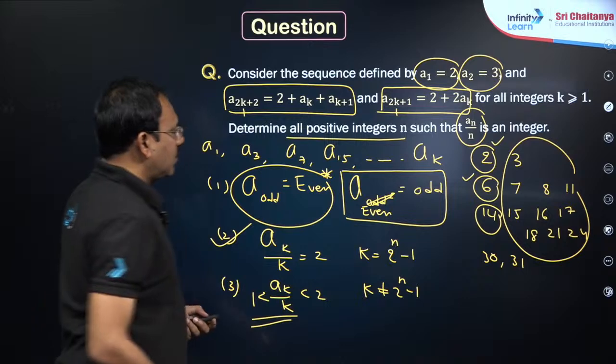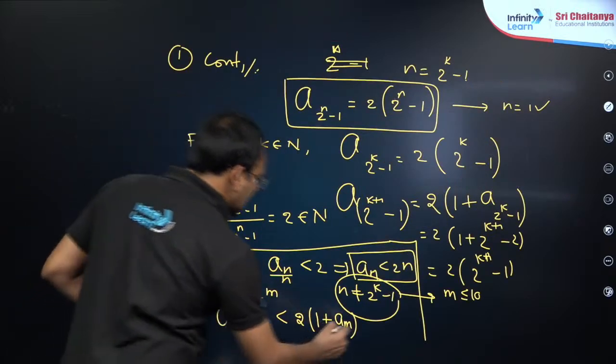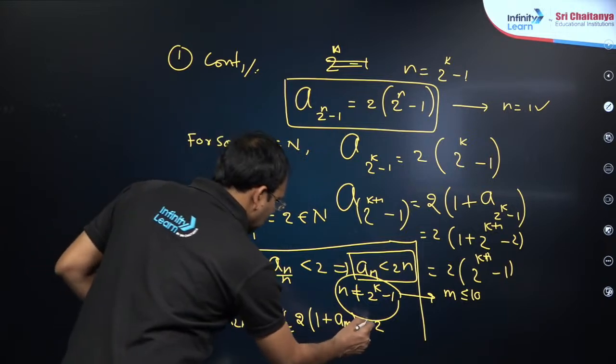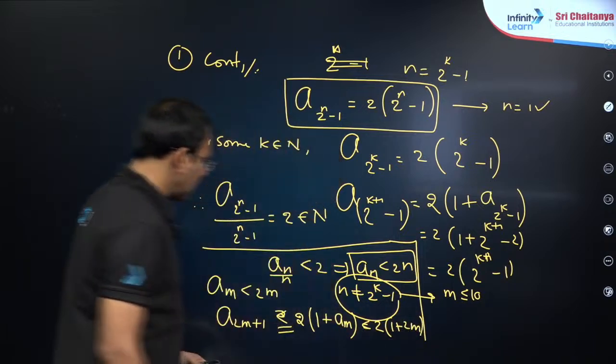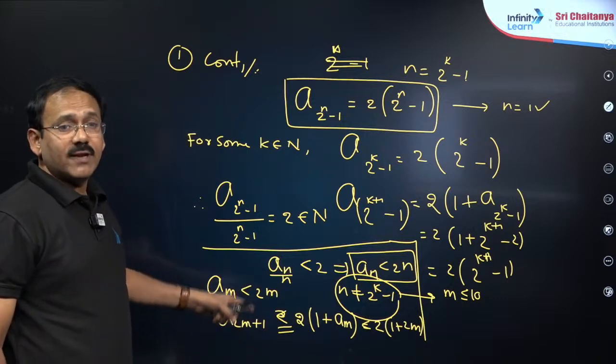So when it is odd, you can write 2 into 1 plus a_m. But a_m is less than 2m, so this is less than 2 into 1 plus 2m.